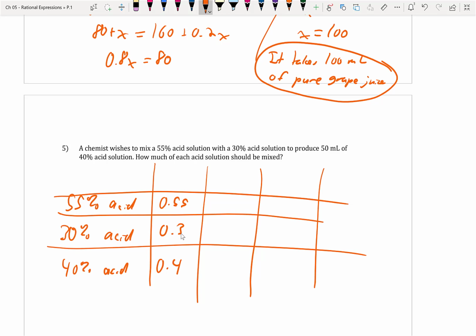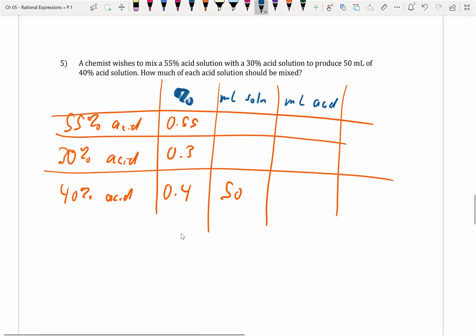And we want to make 50 milliliters of the 40%. Everything else I'm going to extrapolate. This is the only information I can actually pull down onto the table. So let's try to extrapolate what we can.